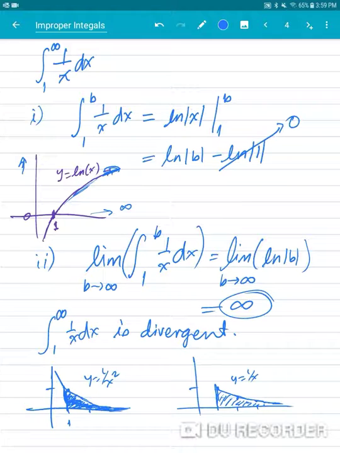It's not a finite area. That's what this is saying. So the area under the graph of 1 over x from 1 to infinity is not a finite value, whereas the area under the graph of y equals 1 over x squared from 1 to infinity is finite. It's actually 1. Okay?